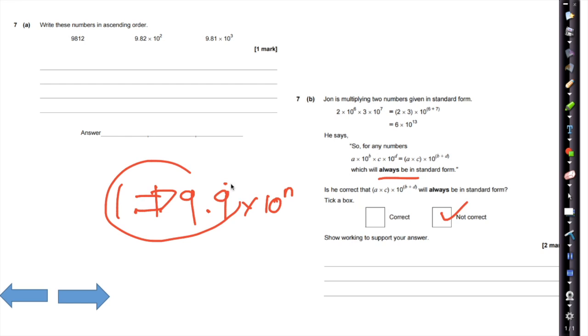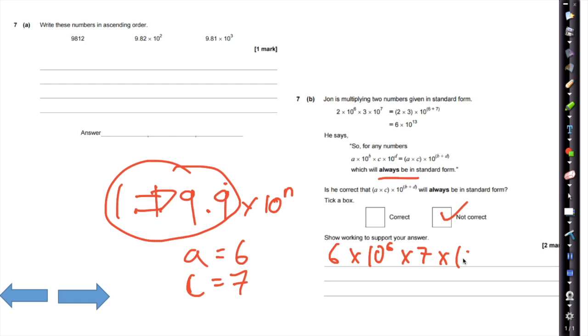So it needs to be between 1 and 9.9. So if we say maybe that A was 6 and C is 7, then we would have 6 times 10 to the power of 6 times 7 times 10 to the power of 7, and that's 6 times 7, which is 42, times by 10 to the power of 13.